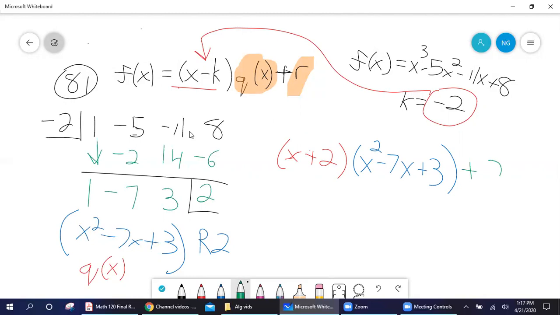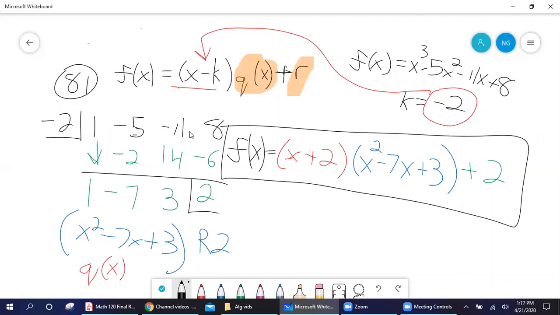So I'm just going to say plus 2. And this is a way to write f of x. Now, what this actually means is if I were to multiply the red times the blue, multiply all that together, do all the foiling and all that fun stuff, and then tack on the 2 at the very end, I actually would get back to my original f of x function.